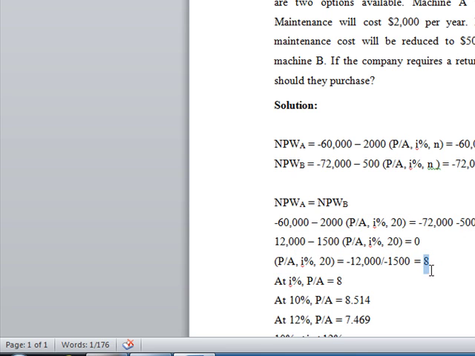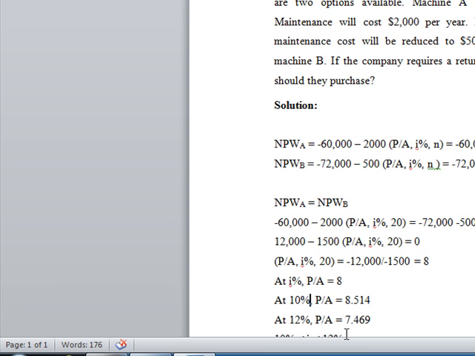That is the value of P given A, 8. Now we need to find out the interest, the IRR, which is internal rate of return, or I here, right? At I%, P given A is 8. That we already calculated, right? P given A is 8.